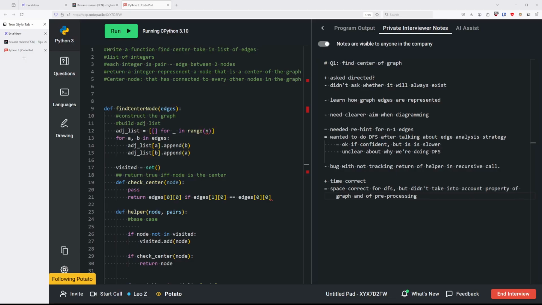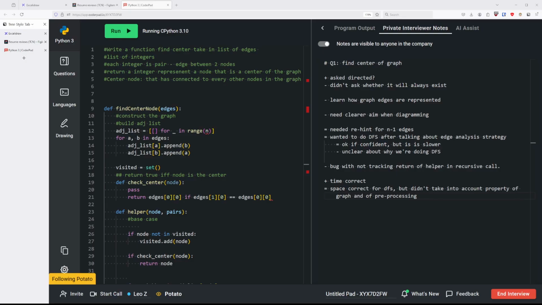And additionally, this is another hint, and I don't think you quite picked up on this one: the center node is the only node with n minus one edges. It is also the node with the most edges.